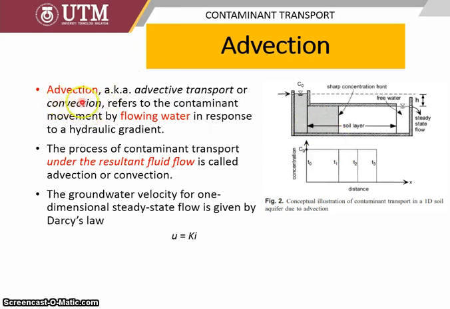That is the advection. It refers to the contaminant movement by flowing water in response to a hydraulic gradient. To calculate it, we have to know the groundwater velocity u, or sometimes in this slide it is represented as v sub s.